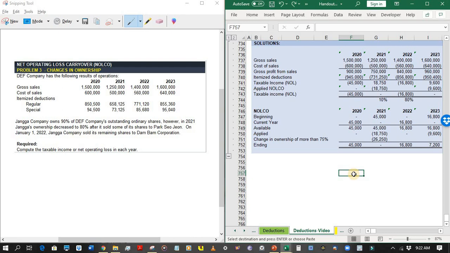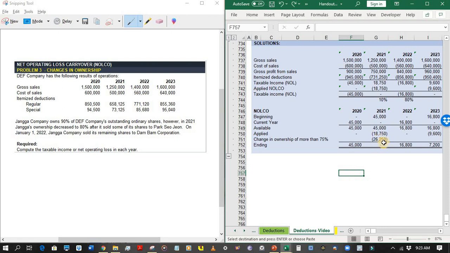So the 16,800 NOLCO in 2022 is still allowed to be deducted in 2023 because it was incurred after the substantial change in ownership. So which means that any NOLCO that was incurred prior to the substantial change in ownership will be expired and will no longer be allowed to be deducted from gross income.